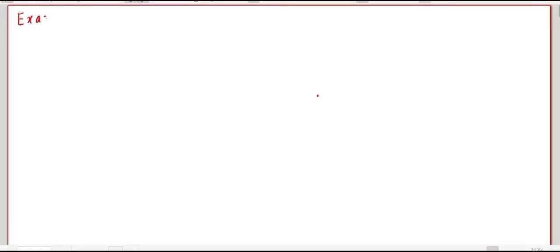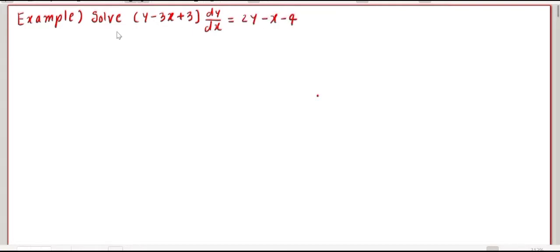Example: solve y minus 3x plus 3 dy by dx is equal to 2y minus x minus 4.